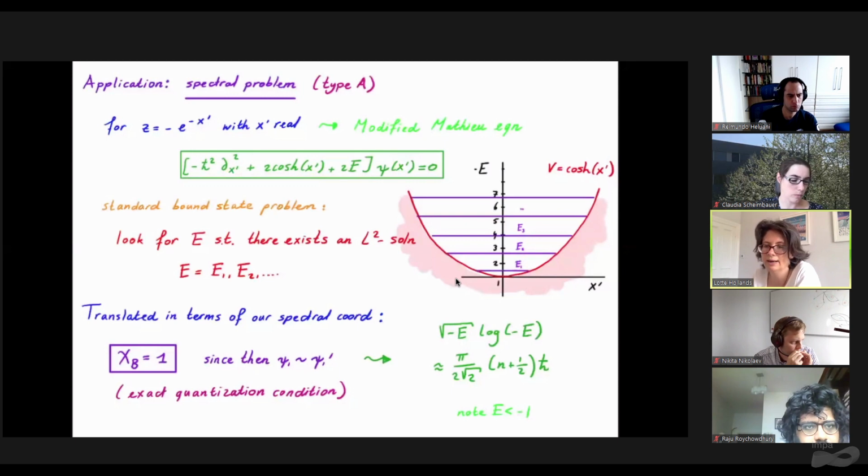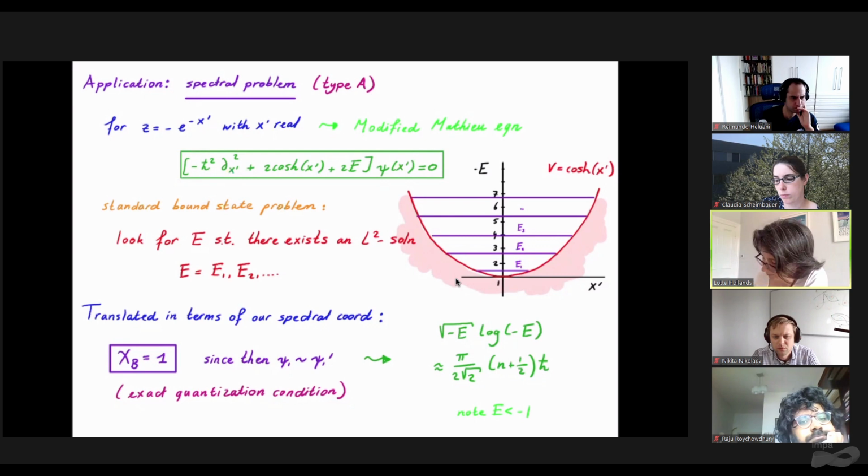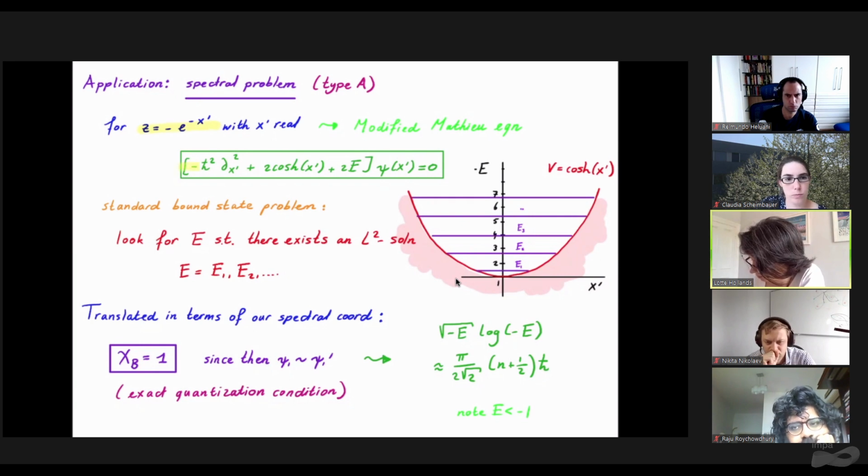Right, so the application that I want to discuss is sometimes called a spectral problem of type A. This spectral problem comes up when we choose c to be equal to e to the power minus x prime, where x prime is real. That turns this complexified Mathieu equation into the so-called modified Mathieu equation, which instead of a periodic potential now has a quash potential.